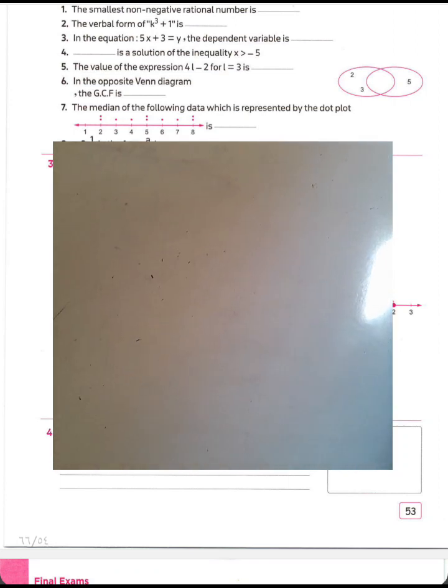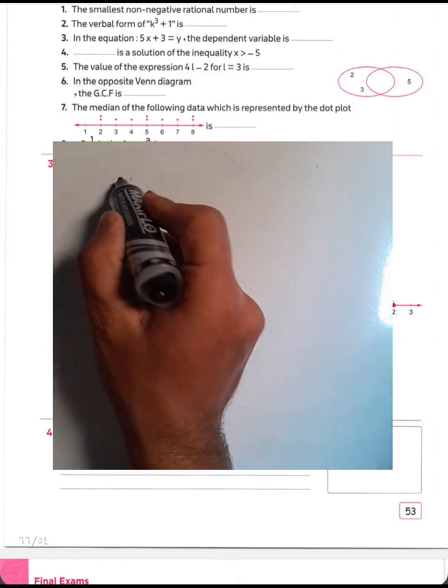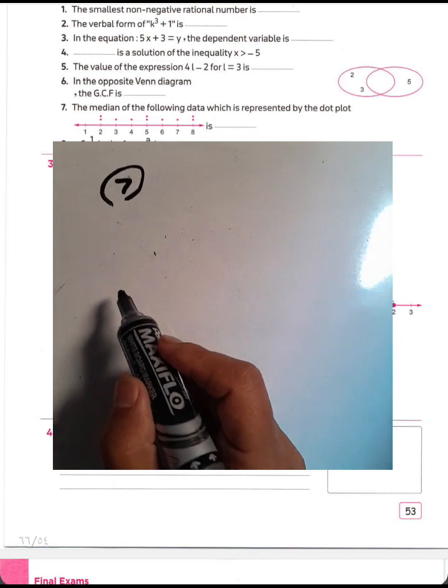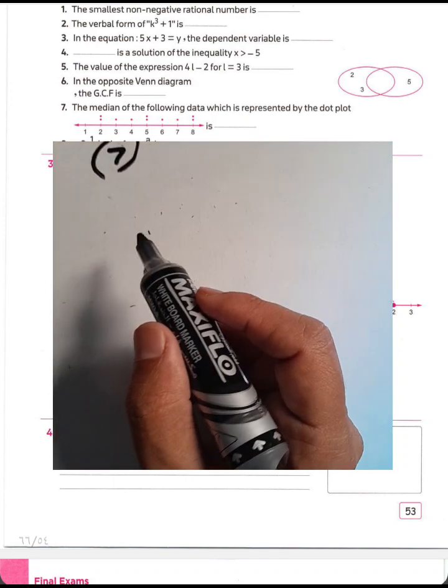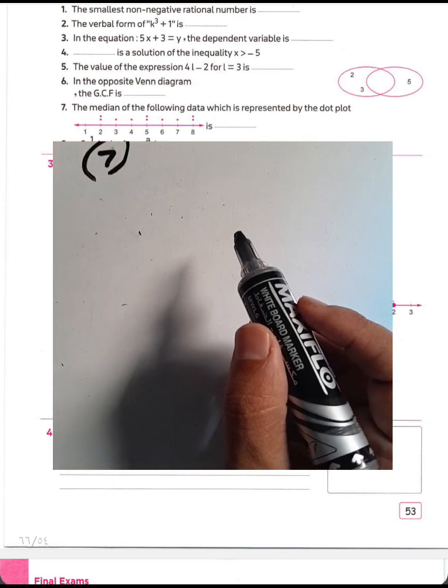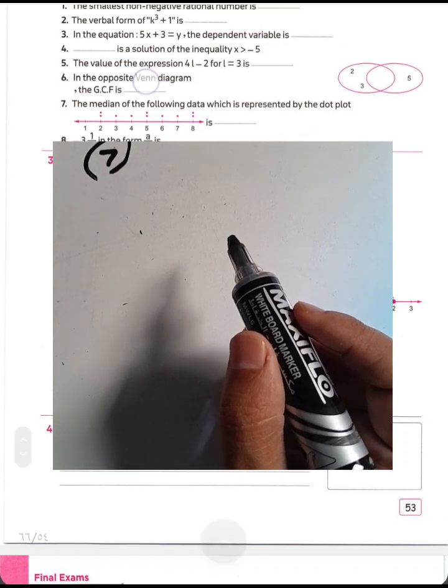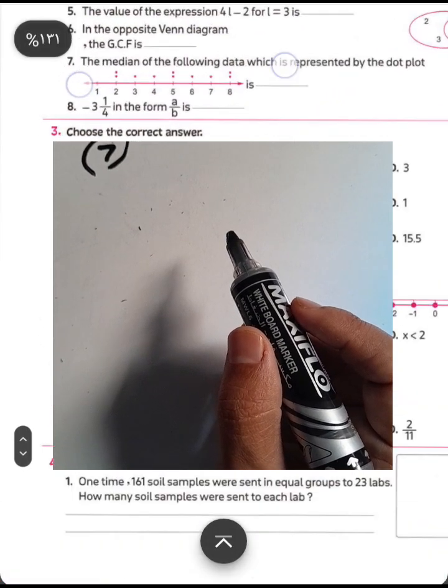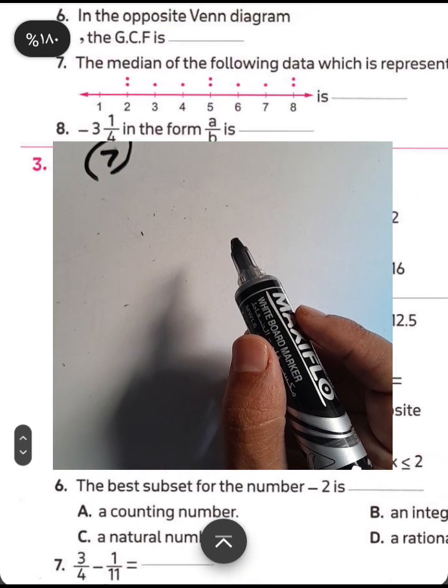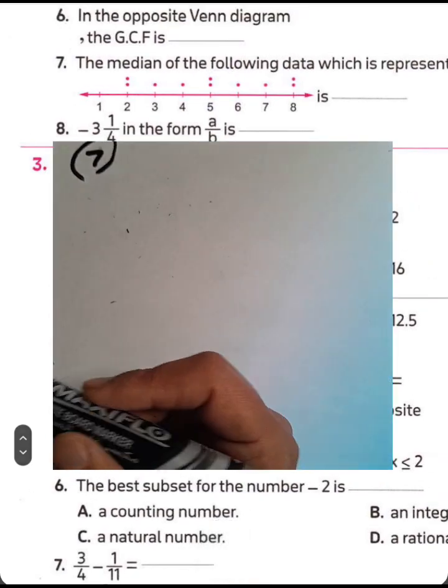Next question, number 7. The median of the following data which represent the bullet here. Look at the point that lies in the middle of all the points. Here it will be 5.